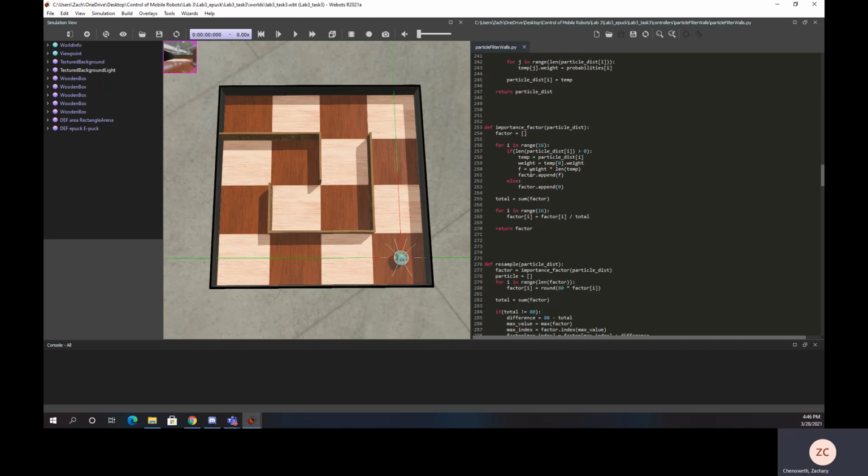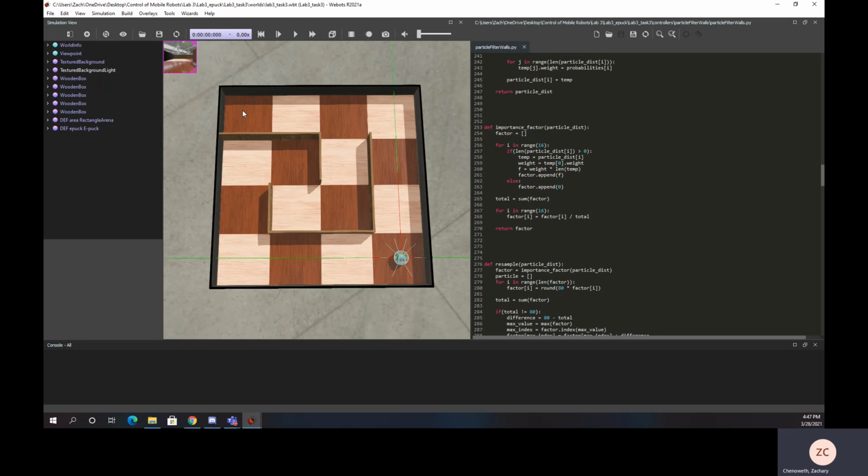Our next function is our importance factor. This is going to be used for the resampling step to determine how many particles should be in each cell based off of probabilities. So for the importance factor, we're basically going to multiply the weight of the particle by the number of particles in that cell. So initially, each cell is going to be 5. And for example, let's pretend that the probability that the robot is in cell 1 is 1.